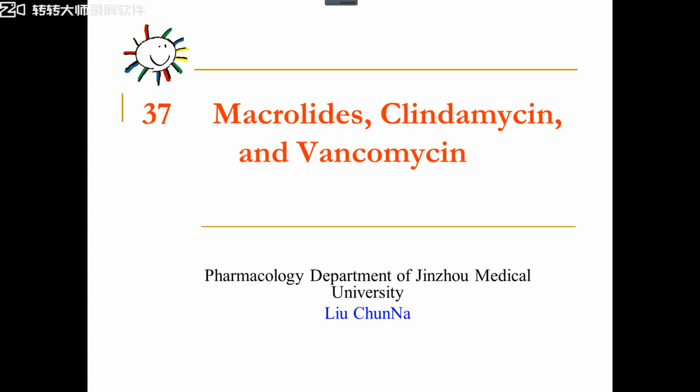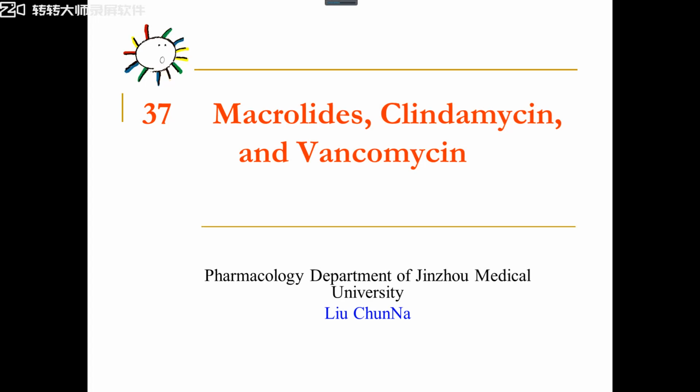Penicillins also include narrow-spectrum penicillin, natural penicillin, penicillin G, and semi-synthetic penicillins, such as acid-stable penicillin, penicillin V, penicillinase-resistant penicillins, broad-spectrum penicillins, and anti-pseudomonas penicillin.